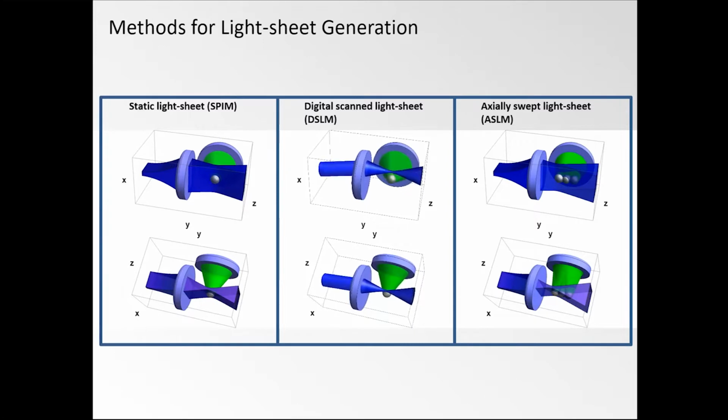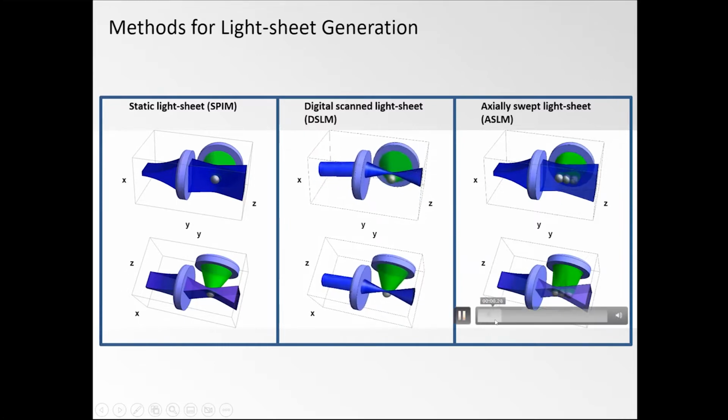And they are being scanned, at least in one spatial direction, to form in the time average a sheet. So this was an acronym coined by Philipp Keller, who pioneered this. So this is the DSLM. So in contrast to the SPIM, the DSLM in the time average creates a sheet of light.